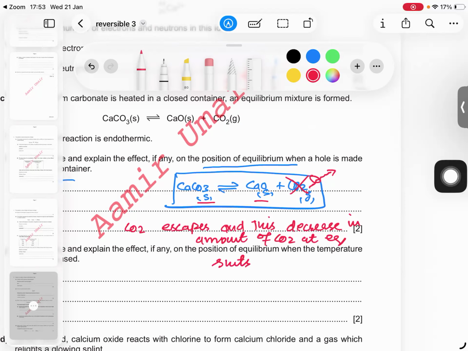Shifts the equilibrium to the right hand side, to make more carbon dioxide, to form more carbon dioxide.